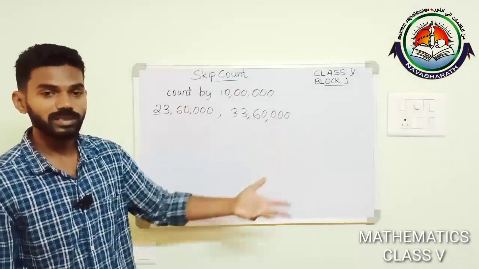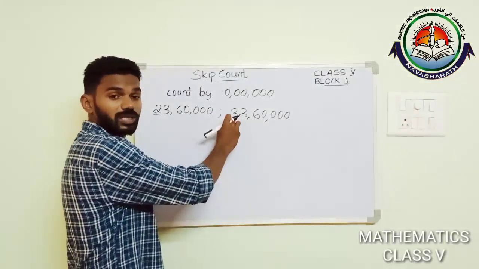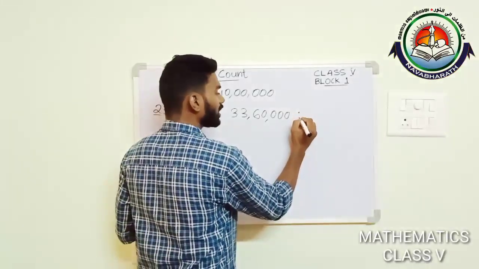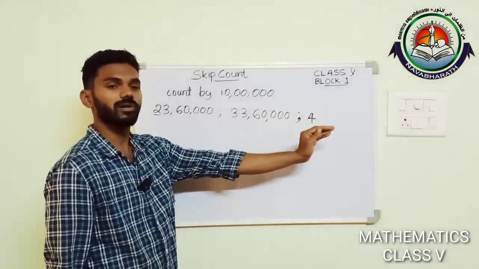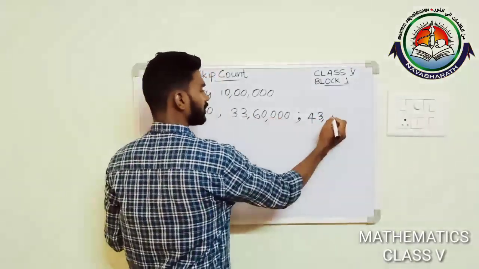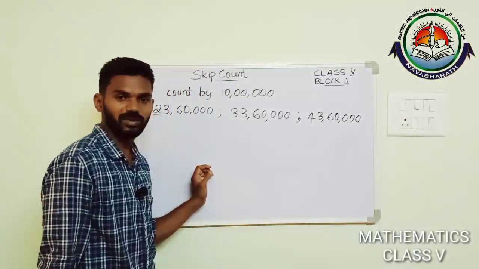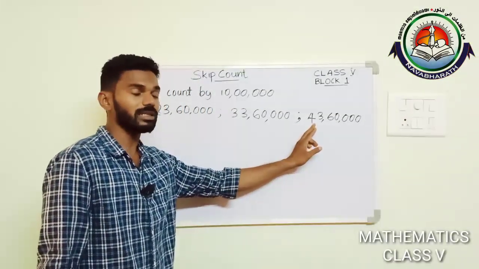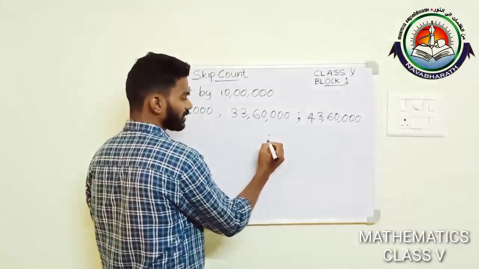So on the next, the 10 lakhs place, here it is 3 and it can be replaced by 4. No change for other numbers. So 43,60,000. What would be the next?